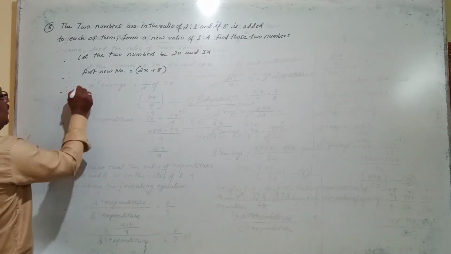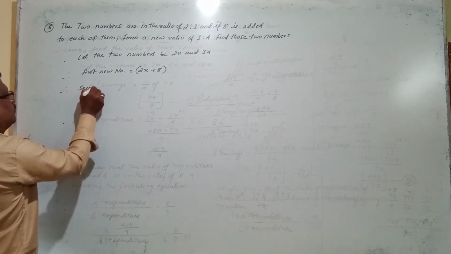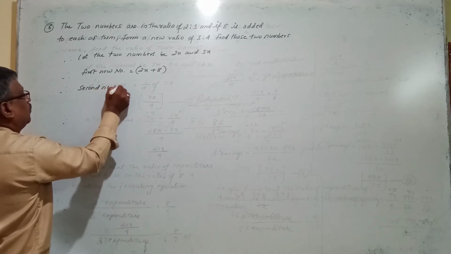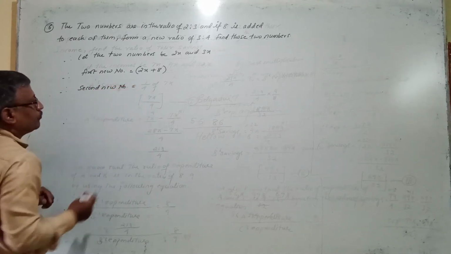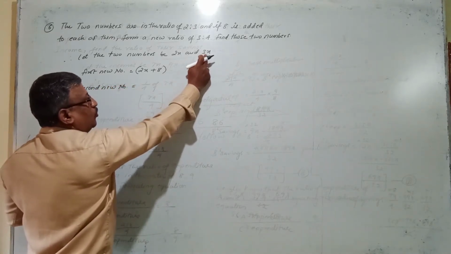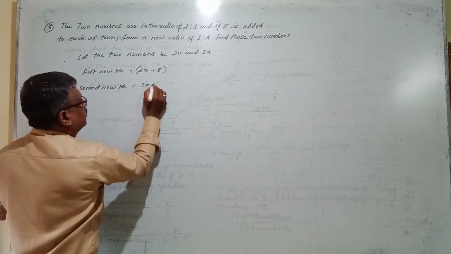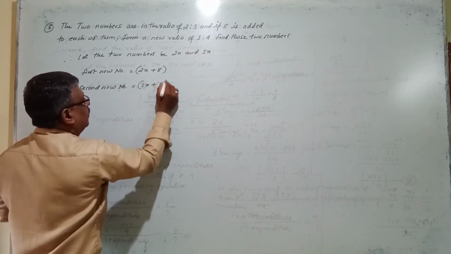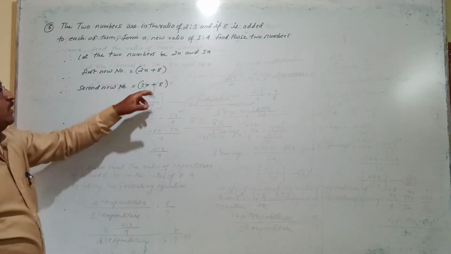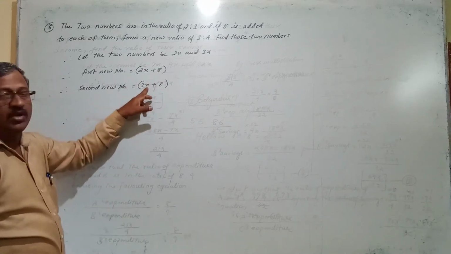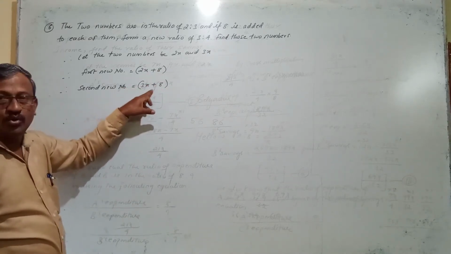Like that, calculate the second new number. My second original number was 3x, and you add 8. So when you add 8 to those original numbers, we get these two new numbers.